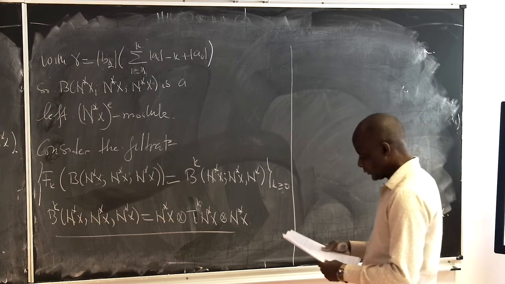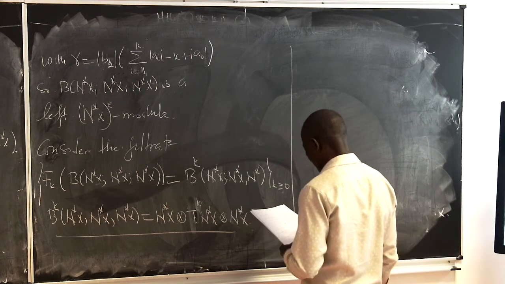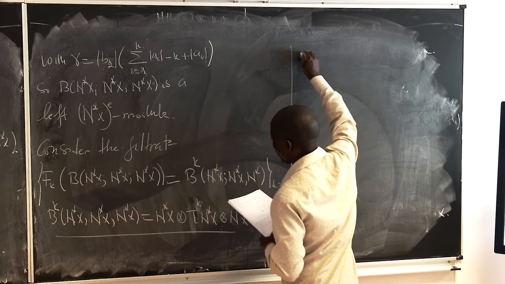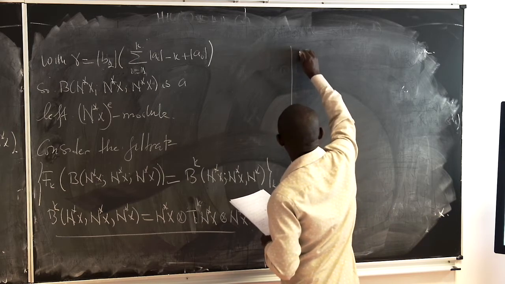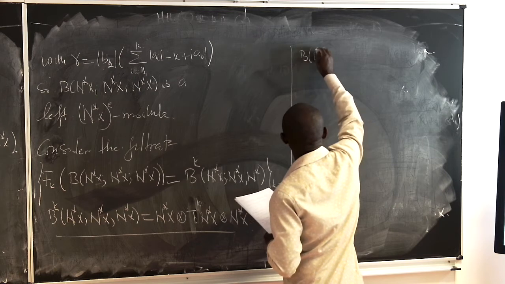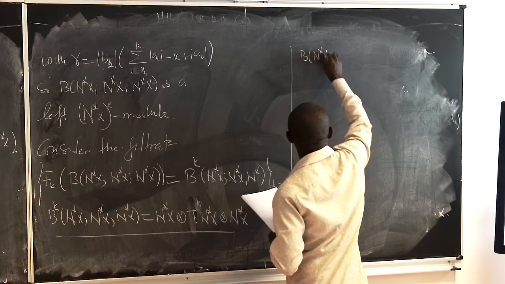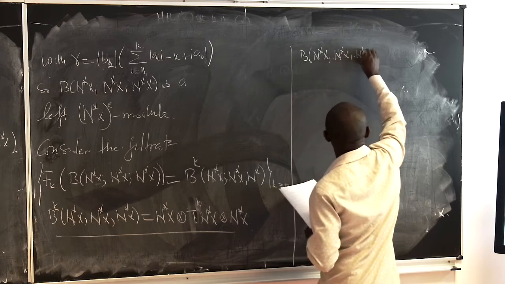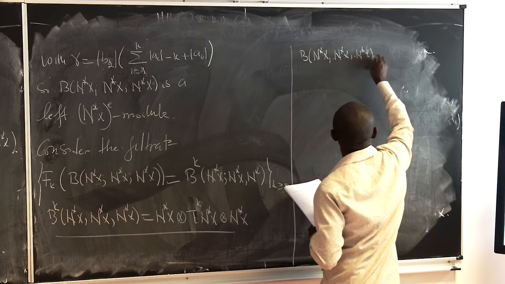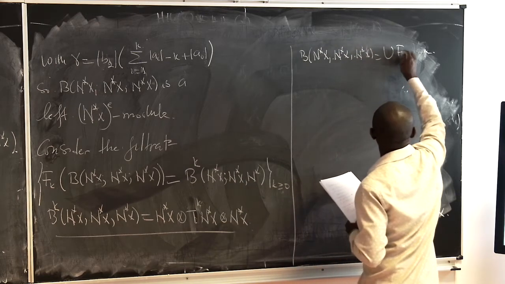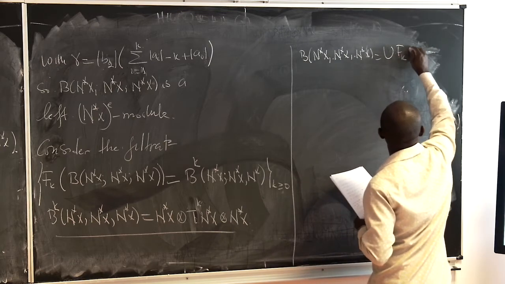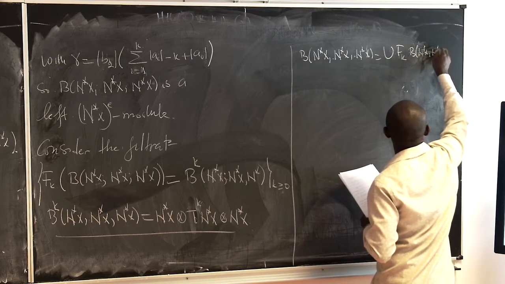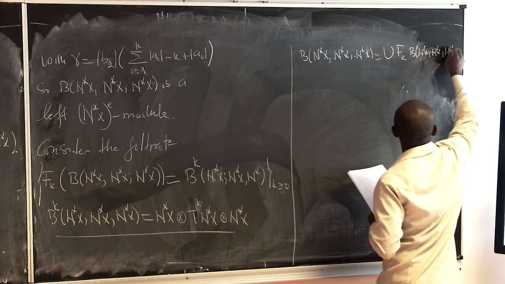So with this filtration, it is obvious that B of Nx is the union of F K of B of Nx.